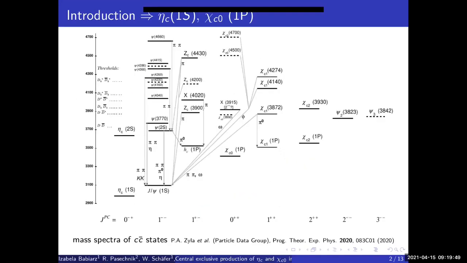Okay, sorry. This is the very well-known spectroscopic picture of charmonia, and today I will focus on eta C, which is a pseudoscalar meson described by an S wave for the c c-bar bound state, and also the scalar meson chi C0, which is described by a P wave.